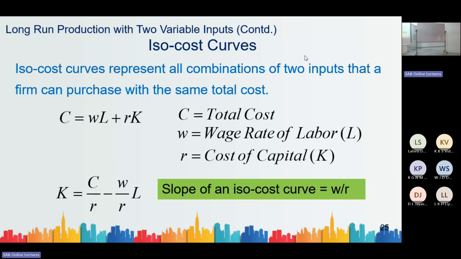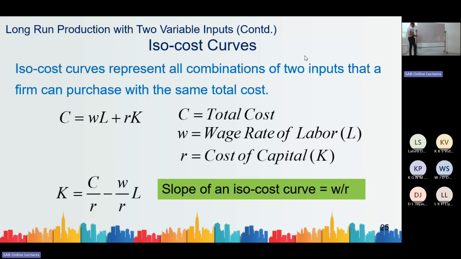Directly we can't calculate it, but we can find it. With that logic, this should be the maximum number of labor that can be bought with the given budget.